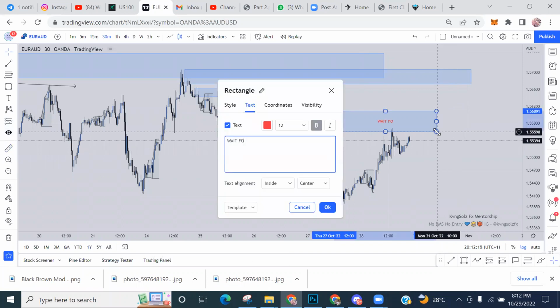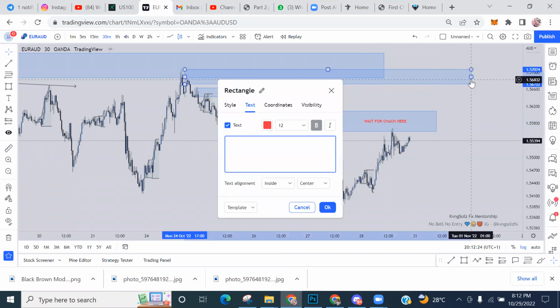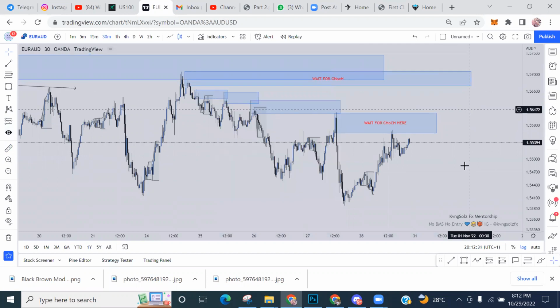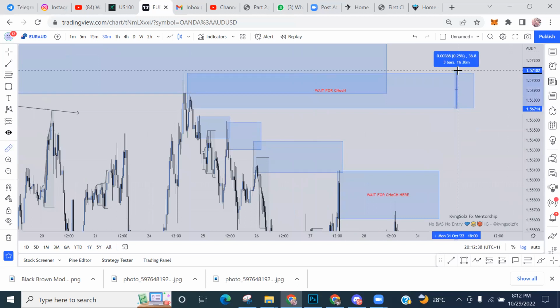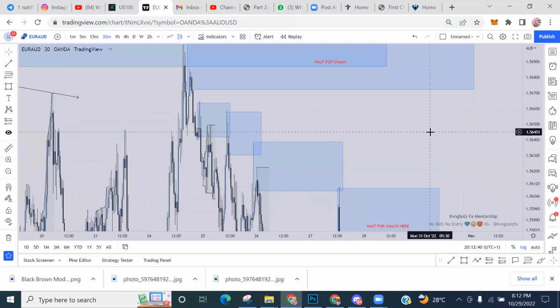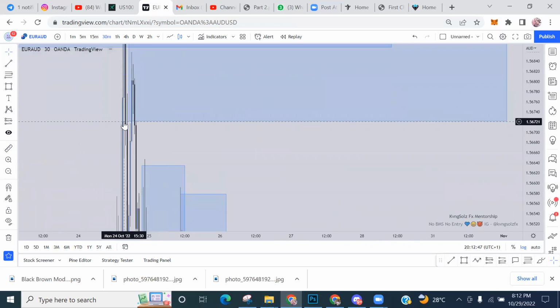Still wait for CHoCH here. Right? And wait for CHoCH here. Because I don't know, this zone should be big. It's big, yeah. But you can just start selling off from here because this one has this nice indecision candle.